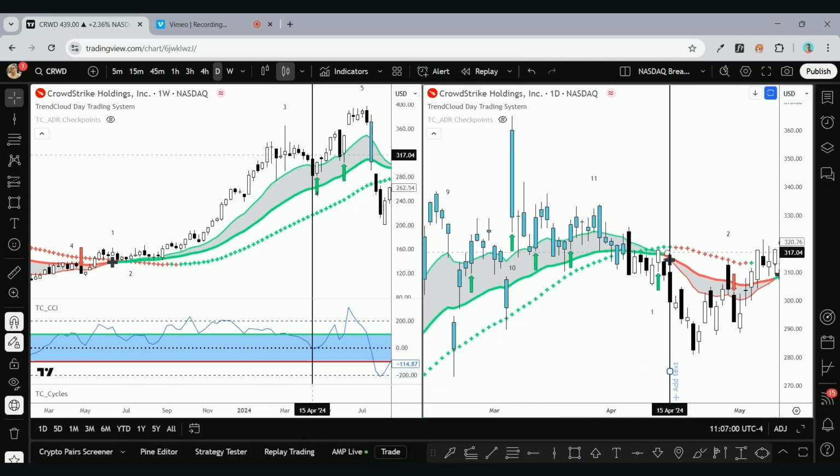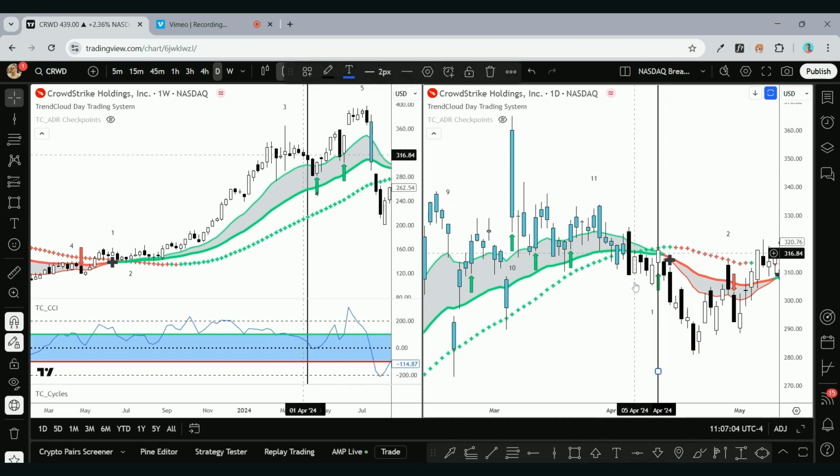Once you break below, would we be taking this signal here? Well, we are in an uptrend. Momentum is good, but we are below the trend cloud. We're below the 50 simple, right? Not so great, right?